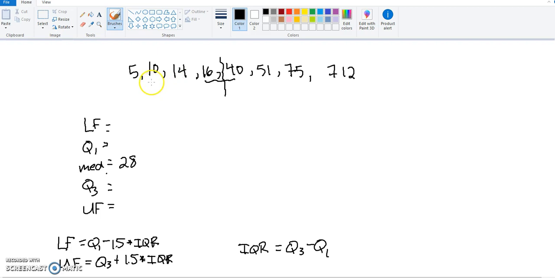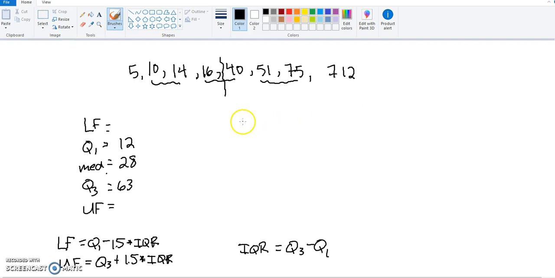So Q1 would be the average of 10 and 14, so Q1 would be 12. And then the middle 2 numbers on the big half of the list are 51 and 75. So their average should be 63, because they're 24 apart, so add 12 to 51 and you get 63. Okay, so then we need to do the computation to figure out the upper and lower fence.